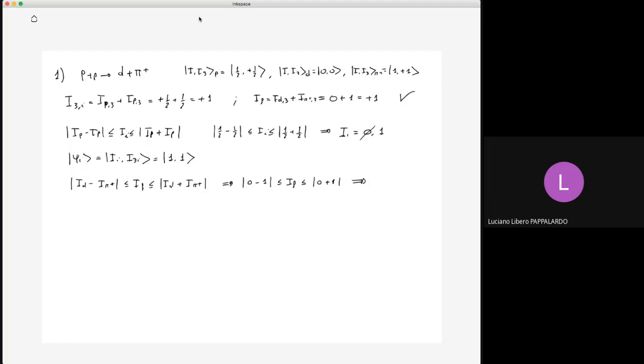So here we have only one possible value, that is 1. And so our final state wave function will be I_f, I3_f, also equal to 1, 1. And so this corresponds to the initial isospin wave function.